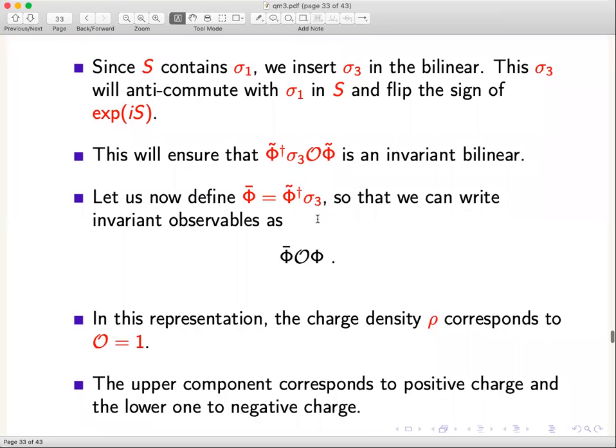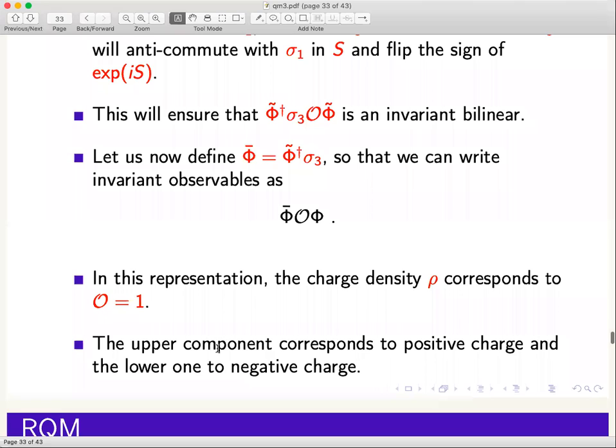Because sigma 3 is sitting inside it, the upper component has one sign and the lower component has the opposite sign, so the upper component would correspond to positive charge and the lower component to negative charge. Of course, we are assuming that one of them is positive. The correct statement is that the upper and lower components have opposite charge.